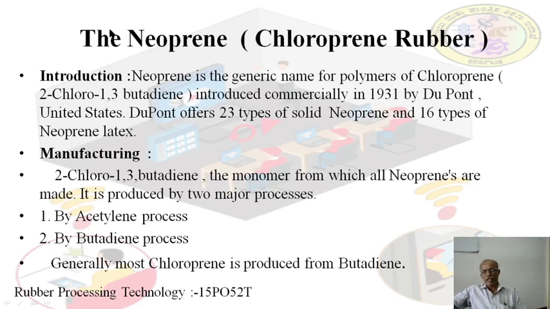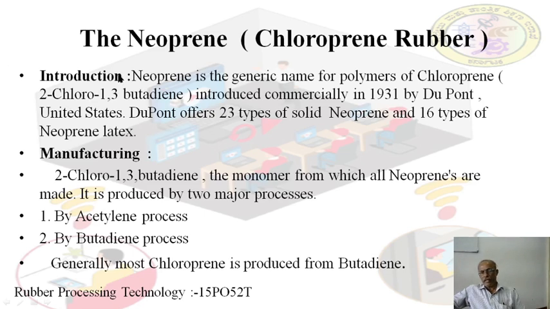So the next polymer is neoprene. Neoprene's other name is chloroprene rubber. Introduction: neoprene is the generic name for polymers of chloroprene, that is 2-chloro-1,3-butadiene.